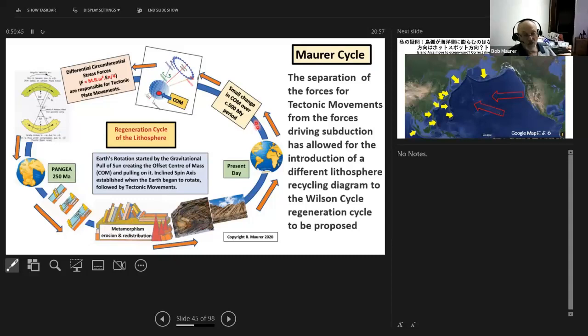And small changes, even as agreed by Caltech and the Earthwide Project, will change a small change in the position of the center of mass, and the whole thing starts all again. So my cycle is completely continuous. There is no sudden turning around of forces. It's a continuous, unrelenting regeneration of our planet.